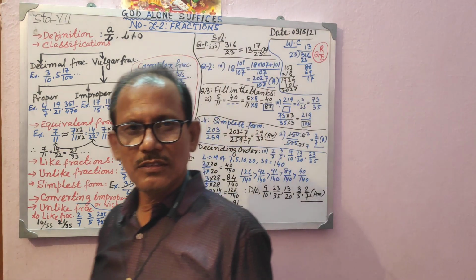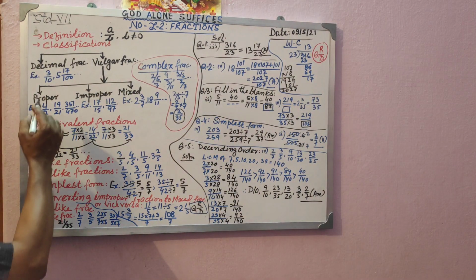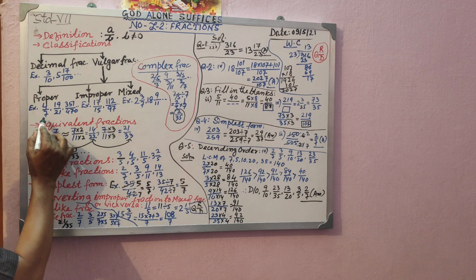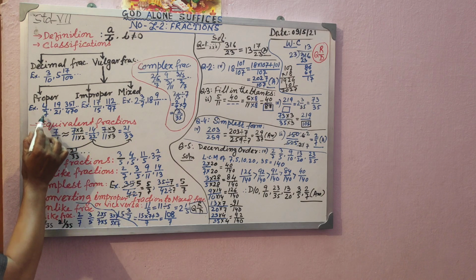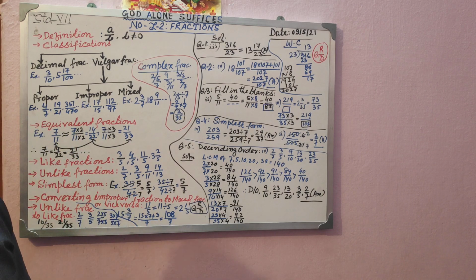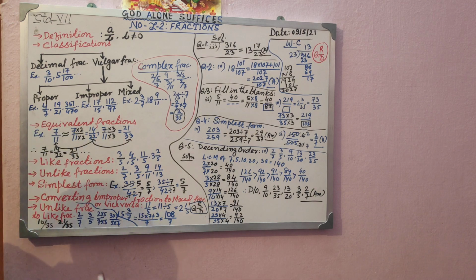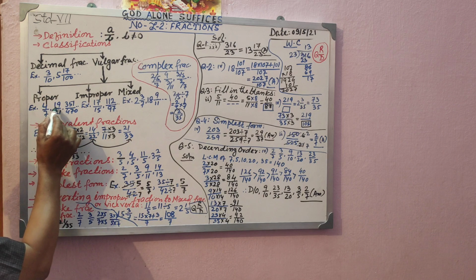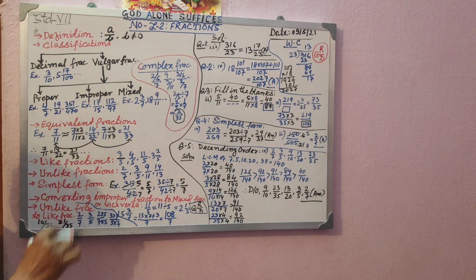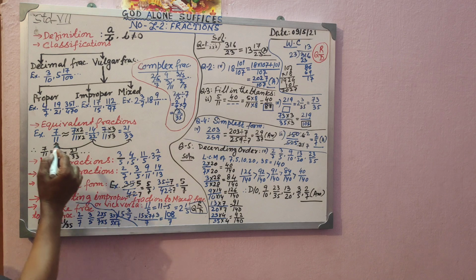Now we'll see what those proper fractions are. See here, I have taken some examples: 4 by 7, that is 4 divided by 7, 4 upon 7 you can say. 4 by 7, 19 by 21 and 351 by 470.